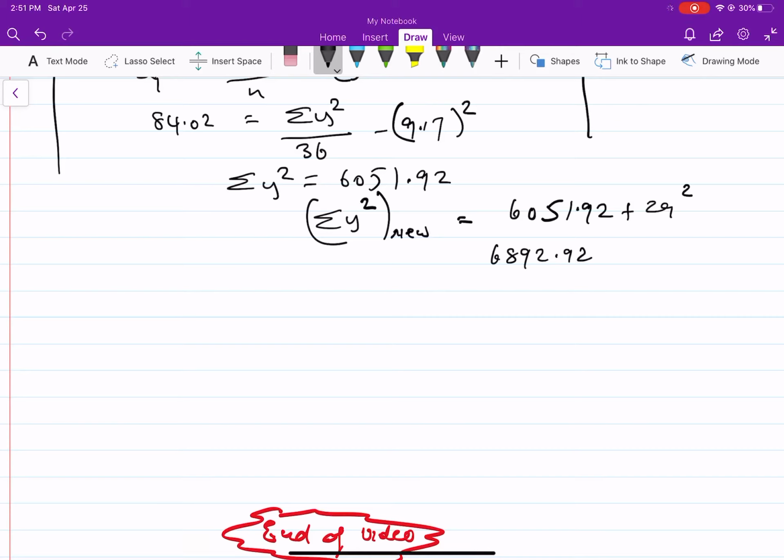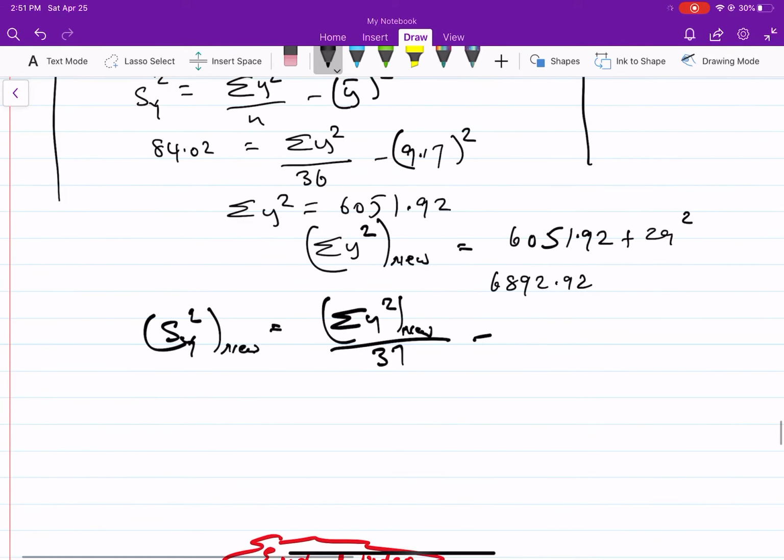Okay, and now that I know the new sigma y squared, the new sy squared would be equal to the new sigma y squared upon n, in this case 37, minus the new y bar, squared. But the new y bar, remember x and y are still related by the same variables.